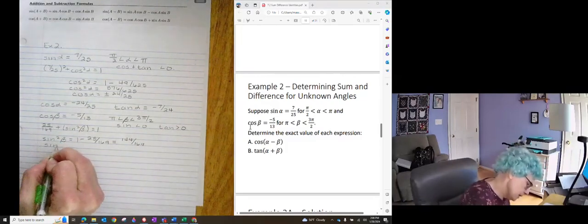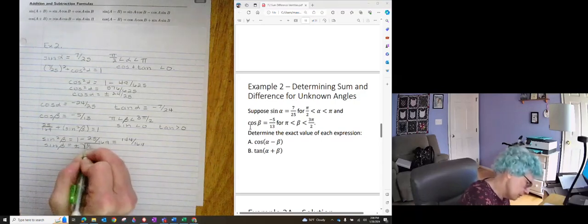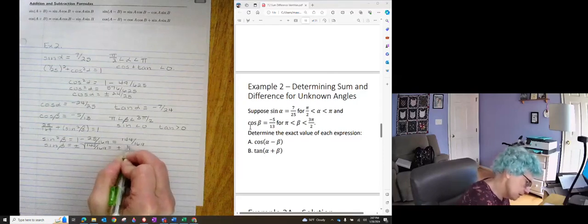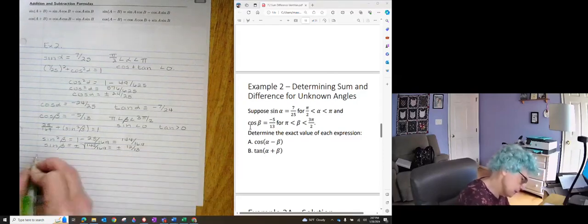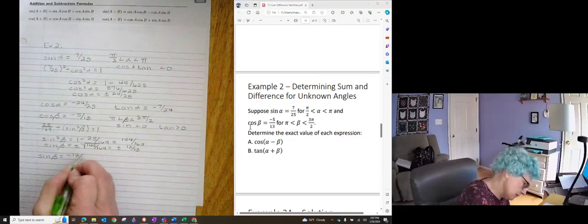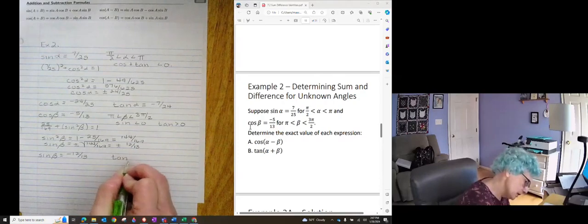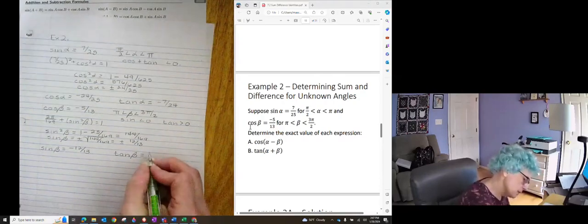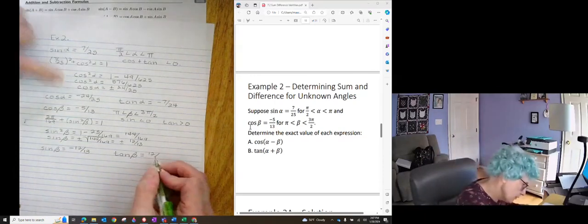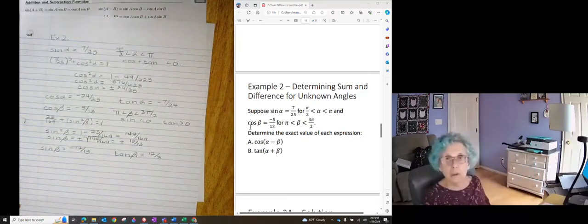So that means sine of beta is equal to plus or minus the square root of 144 over 169, which is plus or minus 12 over 13. Sine of beta is negative 12 over 13, and tangent of beta is positive because it's a negative over a negative, 12 over 5, because the 13s will cancel.